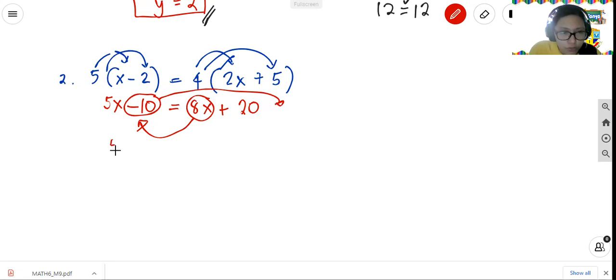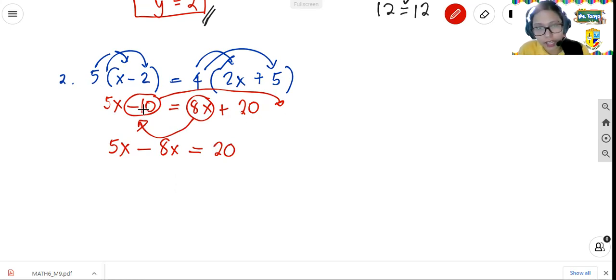Okay, so 5x, I will transpose 8x. It's positive here, so it will become negative on the left side. Equals, I will write 20 because I'm not moving it, but I have to move negative 10 to the right side. So negative 10, if I put it on the right side, will become positive 10. And then I will solve. So 5x minus 8x is actually negative 3x, and 20 plus 10 is 30.